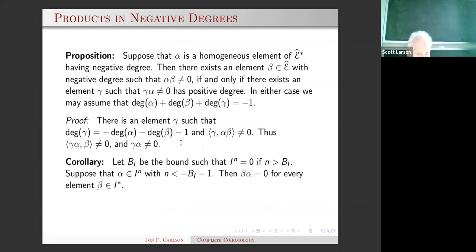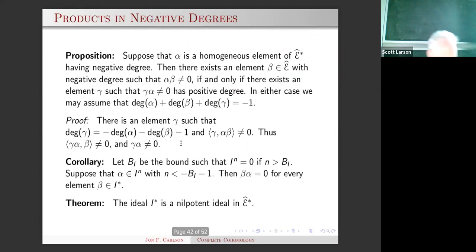And what's going to happen the other way is if we've got this alpha in I with n less than -b_I - 1, then beta alpha is going to be zero for every element beta in I. And the reason is because otherwise I would have to have this element in positive degree that multiplied times alpha gave me something in positive degree that was non-zero, but it would be too big a degree, is what it amounts to.